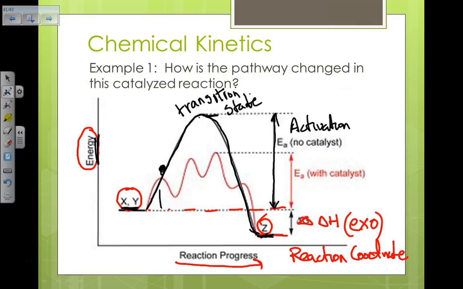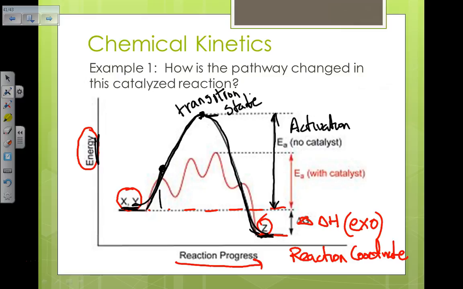Well, if we gave it that much energy, it's just going to go back and form reactants. It's not going to make it over the hump. The activation energy is how much energy we need to give the reaction in order for it to go from the reactants over the hump and down to the products.